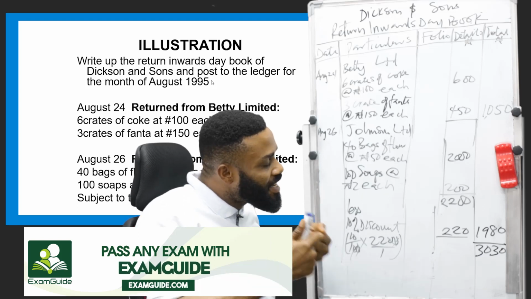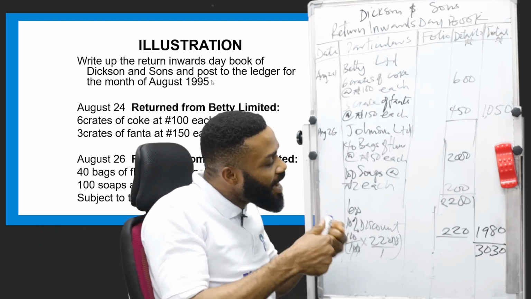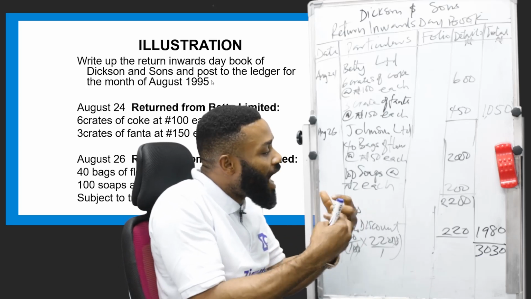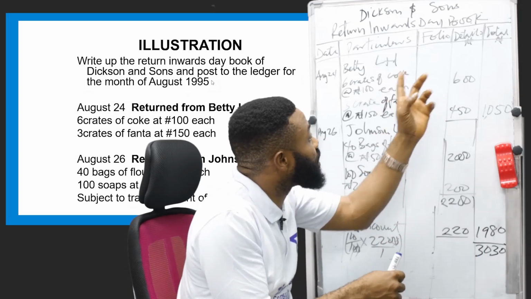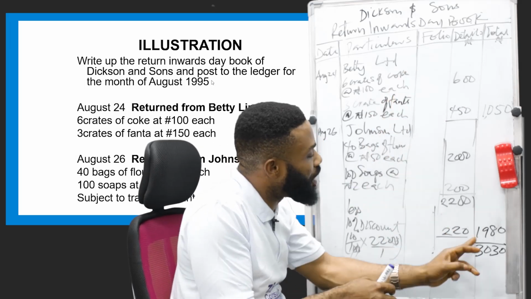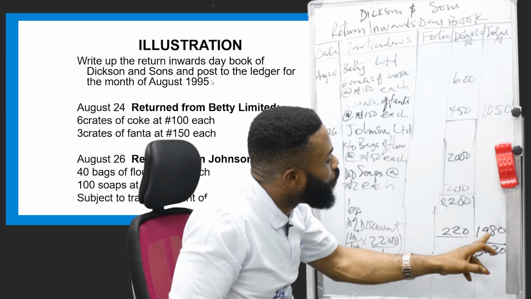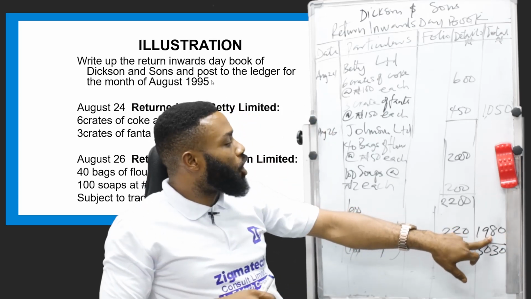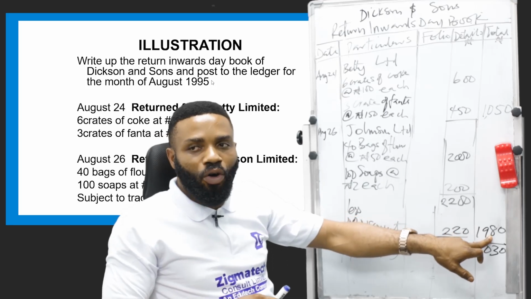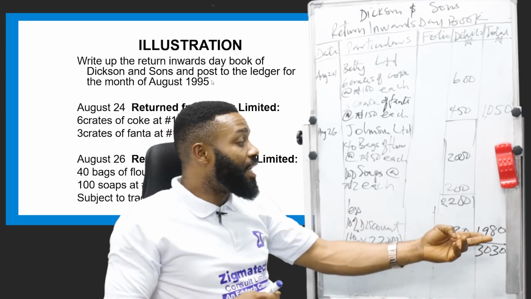But because we are giving them discount, what Johnson is recording is 1,980. This is what Johnson will record as goods returned to us, because we've given them discount.